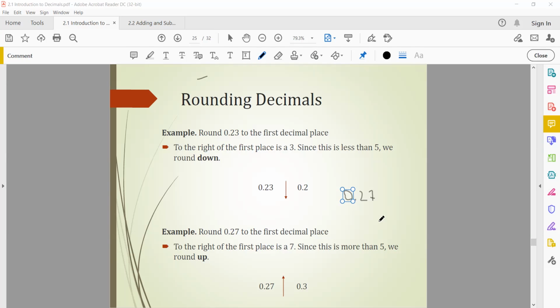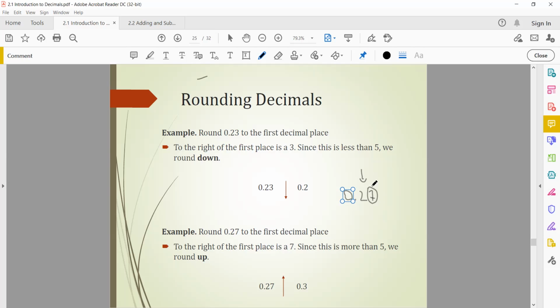Okay, so 0.27, it still says round to the first decimal. So it wants you to round so that you only have one decimal past the decimal point. What you have to look at is this number right here. It's a 7, as far as I can tell. So in this case, you would round up. Rounding up is you drop the 7 and then you increase the 2 by 1. It's basically the equivalent of taking 27 and rounding it up to 30.